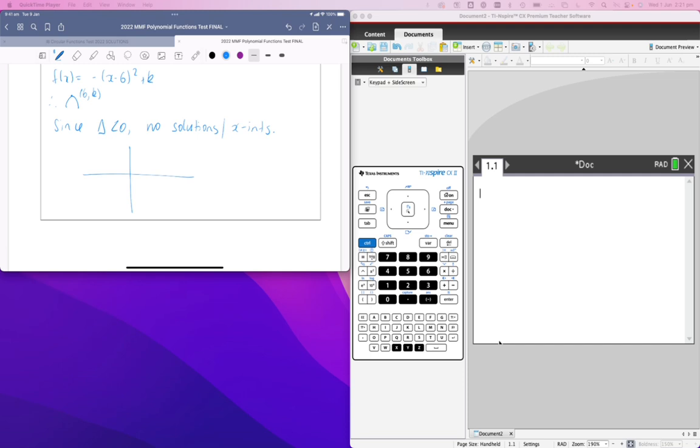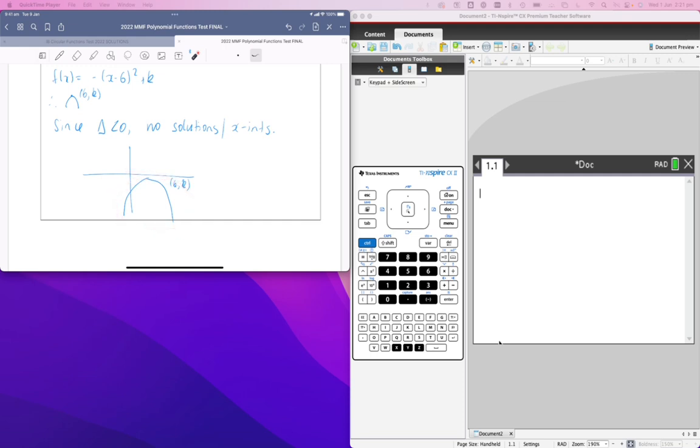It has to be under the x-axis. So I can basically do this, where that's 6 comma k. And what does that mean? What values could k possibly be that will allow us to have the graph underneath the x-axis?